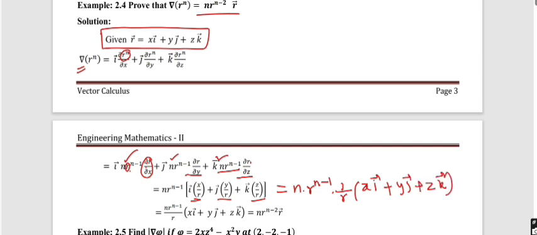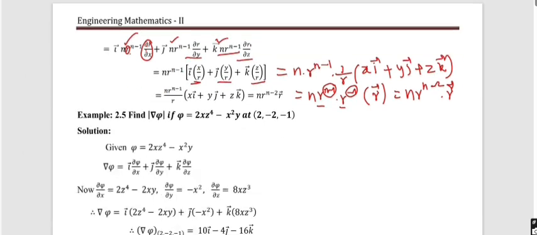That is equal to n into r power n minus 1, we write 1 by r as r power minus 1, into r vector. Here the base is the same, so we add the powers, n minus 1 and minus 1, so n into r power n minus 2 into r vector. Therefore, del of r power n equals n into r power n minus 2 into r vector.